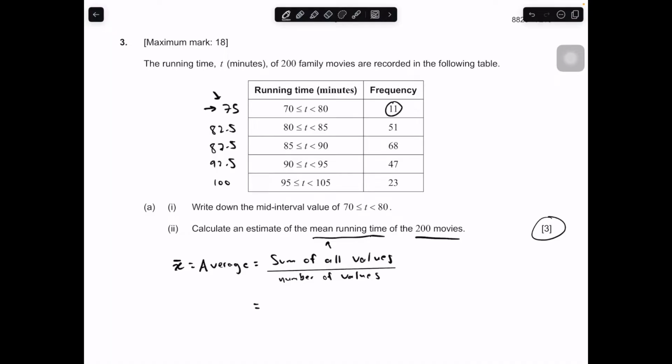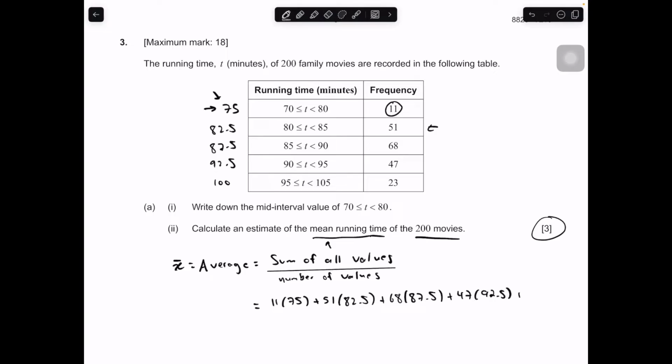So there's 11 movies, and the average runtime was 75. And for here, we had 51 movies, and the average runtime of these movies was 82.5. We had 68 movies, and their average runtime was around 87.5, and so on for these 47 movies.